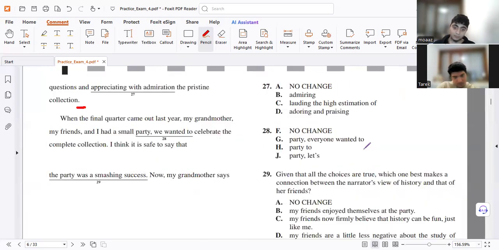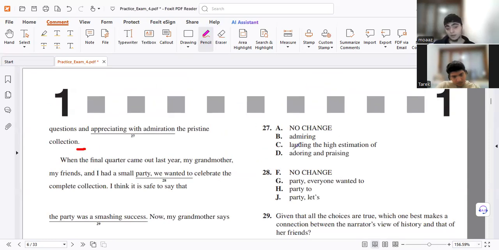27. B. Want to make it shorter is better. That is right, yes. Because here we have laughing already. Here for laden, remember all of them have the same meaning. You see here laden with high estimation means adoring, praising, and of course here with admiration means appreciation.